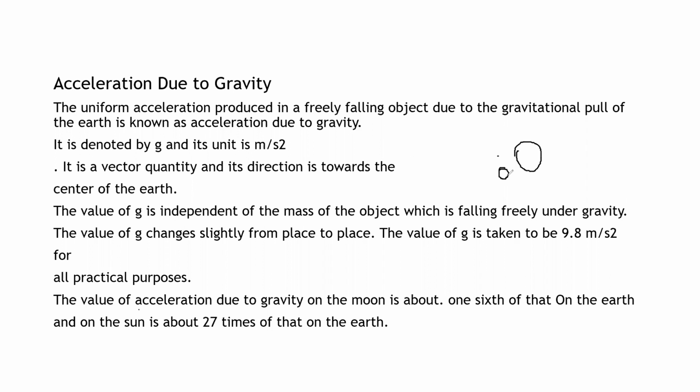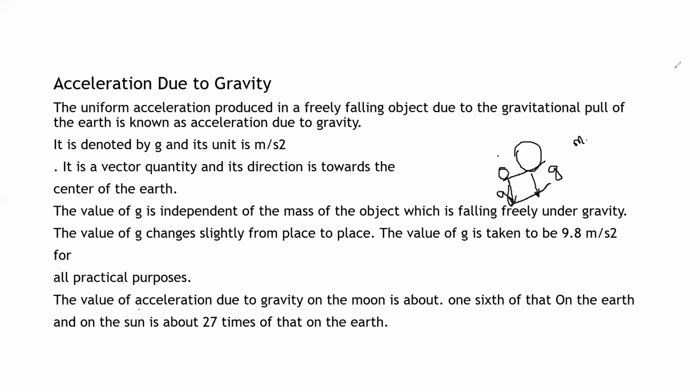If you drop these two objects from the same height, both will reach the surface of the earth at the same time. Why? Because whatever the acceleration due to gravity acting on this body or this body, it is independent of the mass. It does not depend on the mass of the body. In the next slide we have the expression, and there you will get to know why and how it does not depend on the mass of the body.